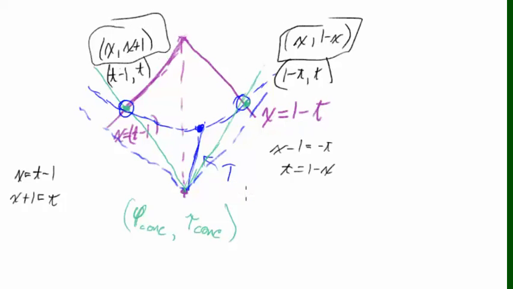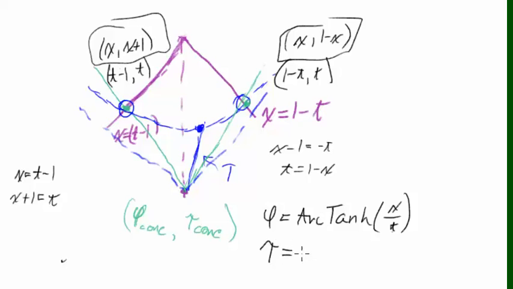So I'm not sure which one I want to use yet, but I do know that phi is going to be hyperbolic tanh of x over t, right? Close. Phi is the arctanh of x over t. We also know that tau is going to be the square root of t squared minus x squared.